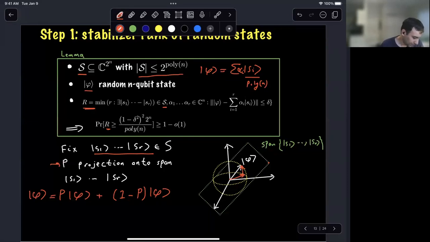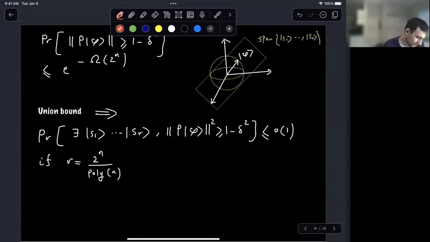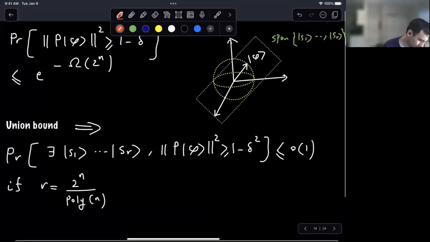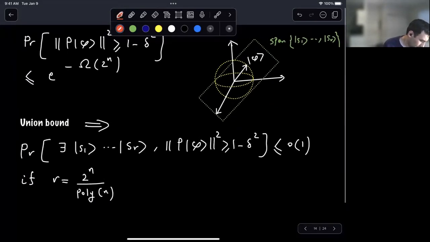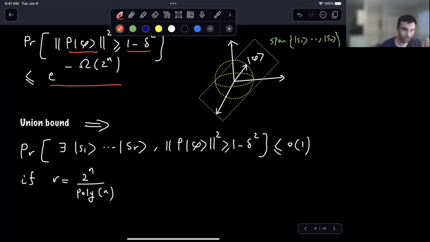And if we can prove that with high probability the norm of this part is small, then you cannot represent your state phi in terms of S1 to SR. Here, the probability that the norm of this vector for a particular value of S1 to SR is greater than 1 minus delta squared, we can show that it's very small.